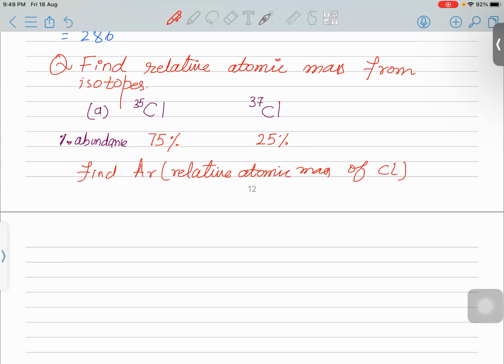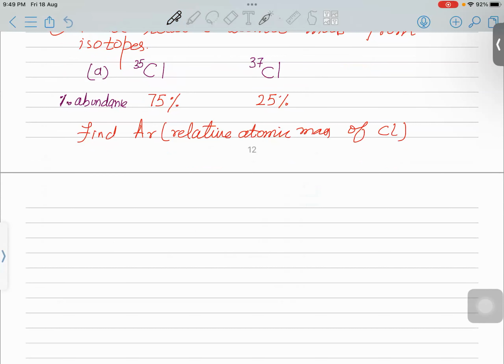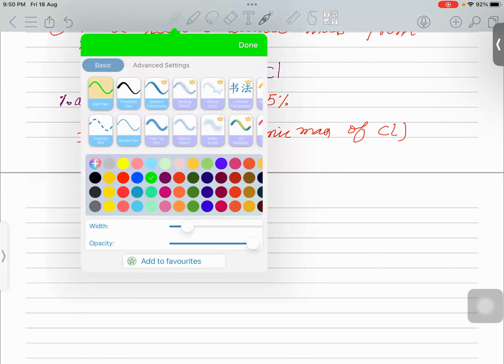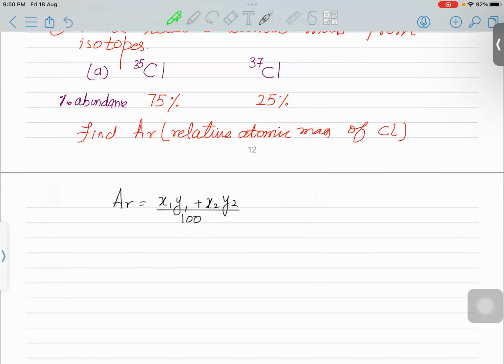Always remember that the formula of AR is x1 y1 plus x2 y2, divided by 100. x1 is this number, x2 is this number, this percentage is y1, the second one is y2.